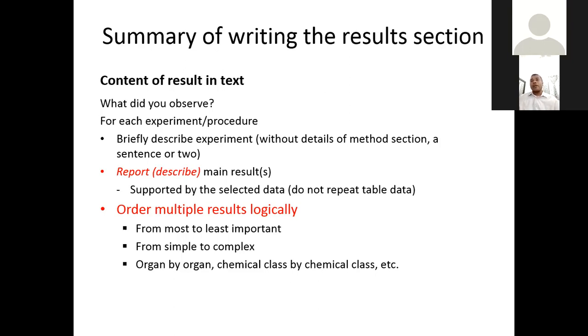So this is an example. How are you going to explain the result? Maybe you can explain from the highest to the lowest, from the most to the least important. Okay, from the simple to the complex, from the complex to the simple. But the sequence or the trend should be the same for all results.